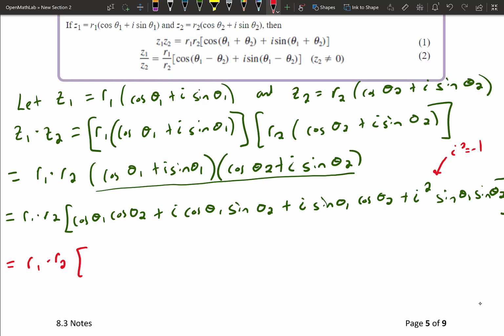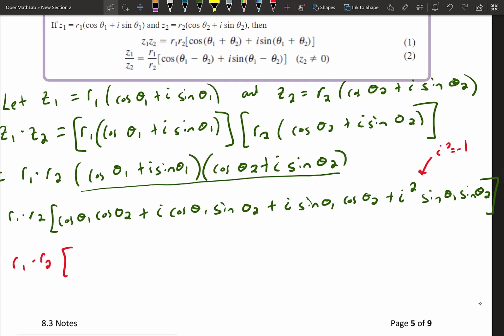And then what I could do is write the things without an i first, and then the things with an i next. So cosine theta 1 cosine theta 2 do not have an i, and this last term isn't going to have an i because i squared is -1.